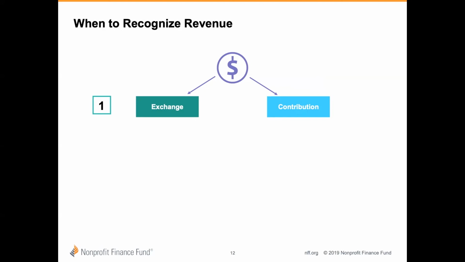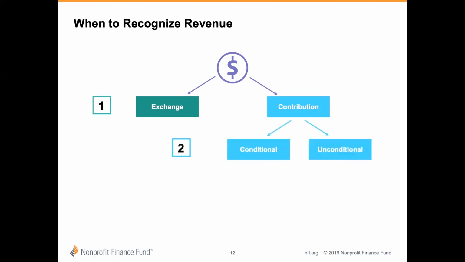Next, if your grant or contract is not an exchange transaction, say there is no exchange of commensurate value, then it's a contribution. So now we have to decide whether the contribution is conditional or unconditional. This will impact the timing of when you can recognize revenue.